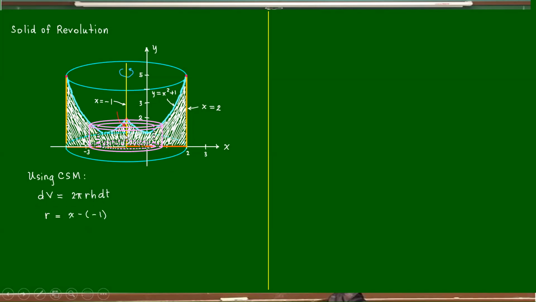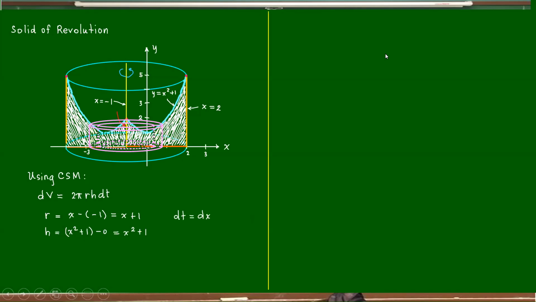R here is, as I mentioned, x minus -1, so x plus 1. From the y-axis to this point is x, so x minus the axis of revolution, -1, getting x plus 1. What about the height? The height is y higher minus y lower, so that is x squared plus 1 minus 0, getting x squared plus 1.